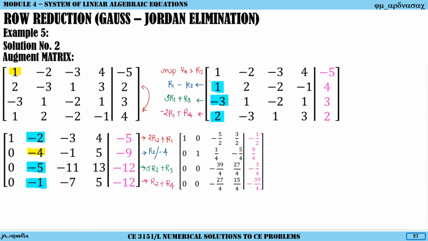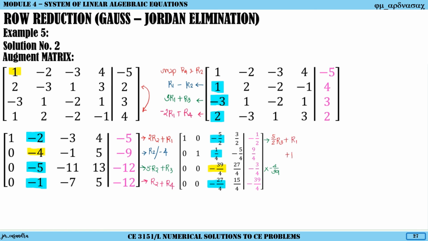So what we do first is to reduce this to 1. And then next we reduce the other elements to 0. So for the third element in the diagonal, that will be reduced simply by multiplying all these values by negative 4 over 39. And then for this row, we'll now have 5 over 2 of R3 plus R1.